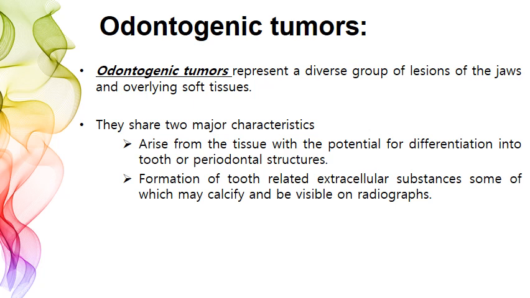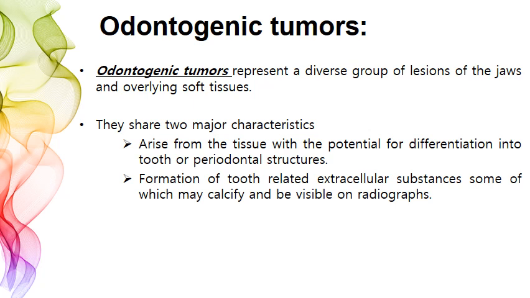Odontogenic tumors share two major characteristics. First, they arise from tissues with the potential to differentiate into tooth or periodontal structure, and these tissues are exclusively found in the jaw bone, in the maxilla and mandible.